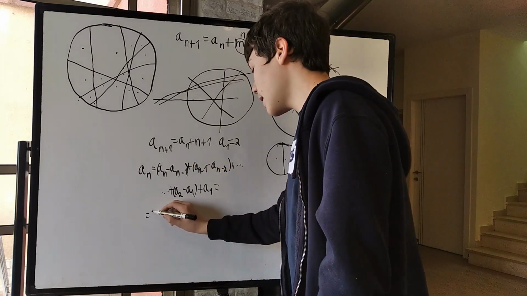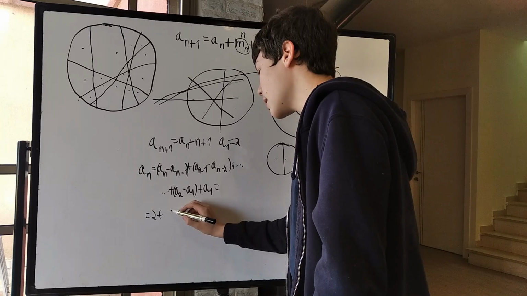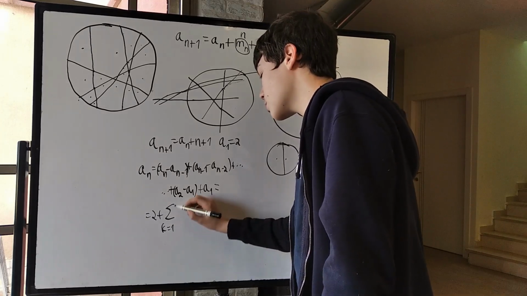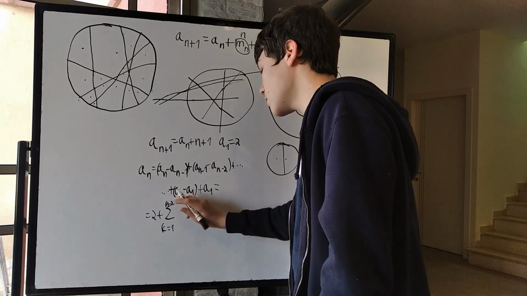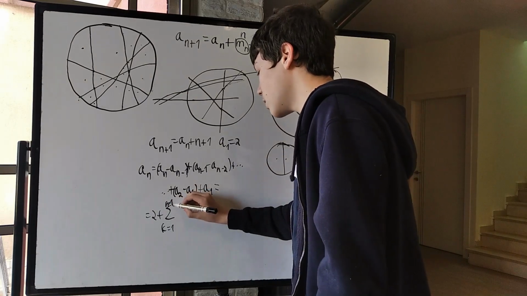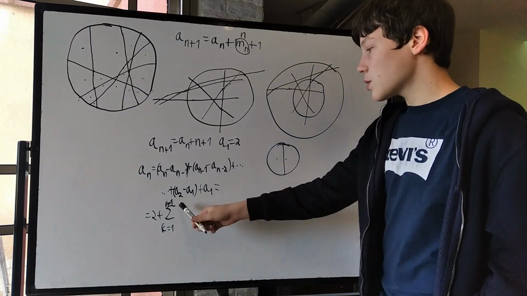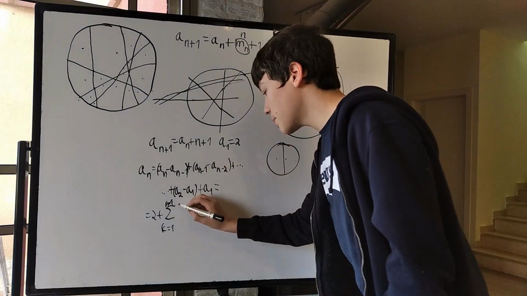We know, first of all, a1 is 2, but then we have a sum where k goes from 1 to n minus 1 of a(k+1) minus a(k), which is k plus 1.